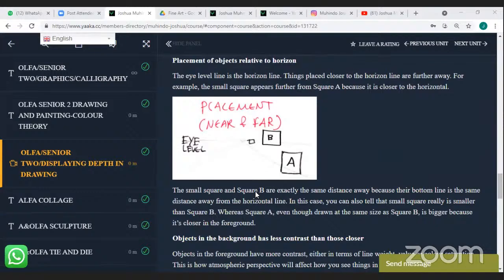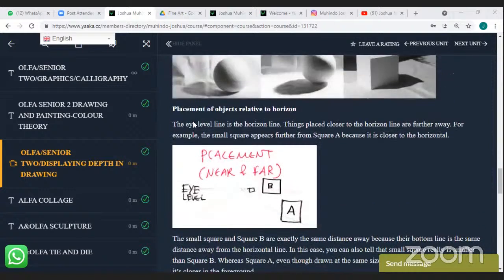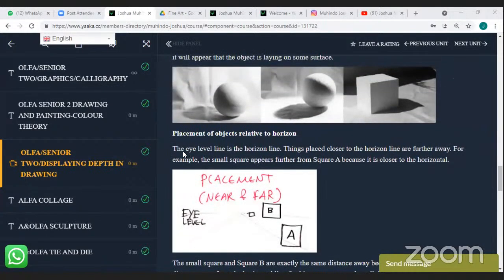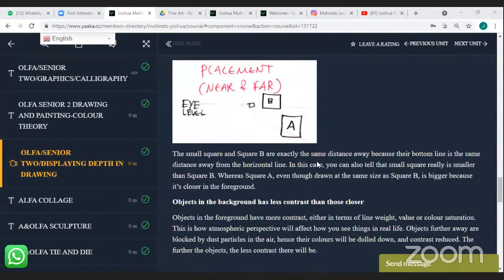Starting from placement. The eye level line is the horizon line. Things placed closer to the horizon line are farther away. For example, the small square appears farther from square A because it is closer to the horizon.